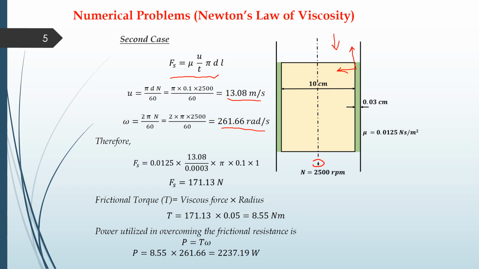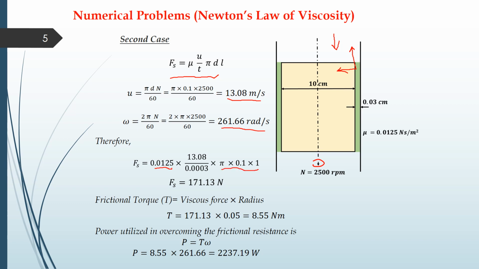So after getting these values, we'll put these values in the above equation, and we have calculated the viscosity of your oil in the previous case. The same viscosity of the oil will be used over here. Velocity we have calculated now, that is 13.08, will be used over here, and your thickness of the oil film, which is 0.03 centimeter, certainly it will be converted into meters, and pi is a constant, and d is the diameter again of this cylindrical rod, and l is the length of this rod.